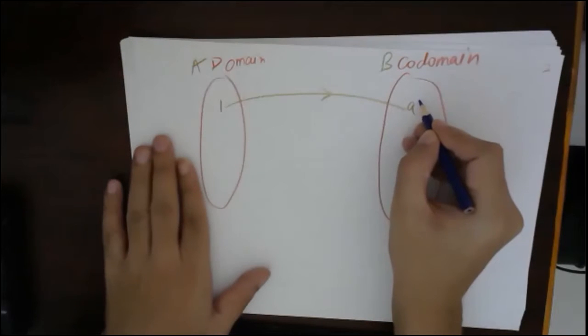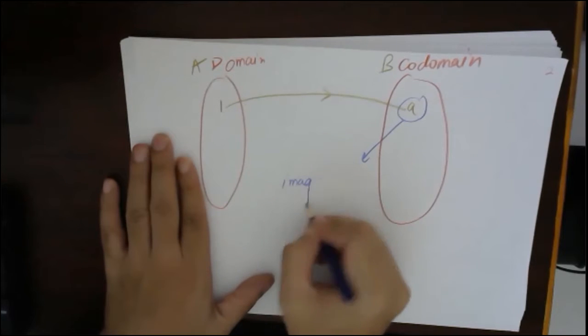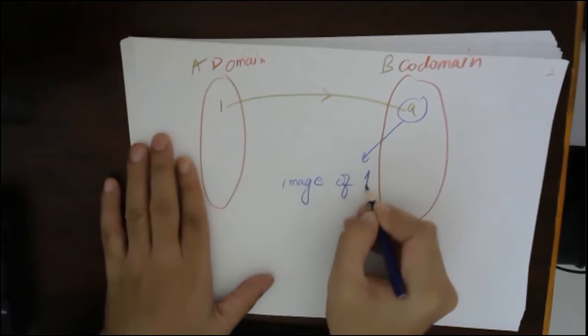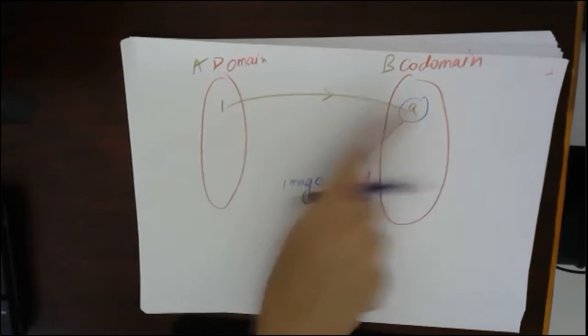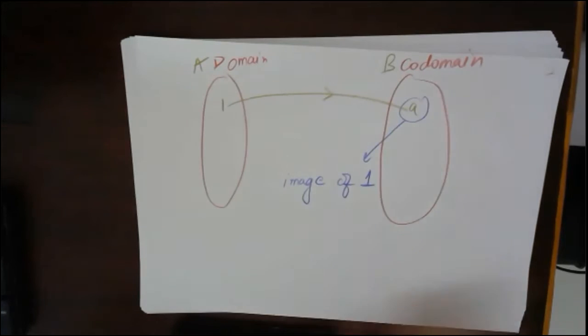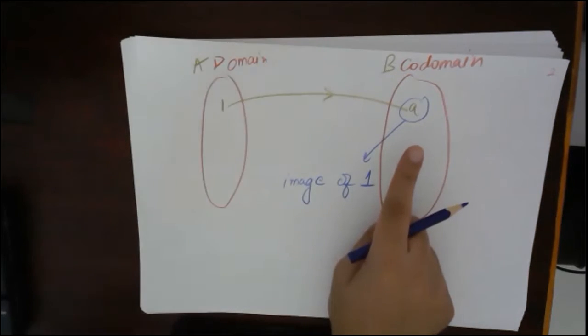Then we'll call this A the image of 1. This is 1's image. This is the way we represent it. A is called the image of 1.